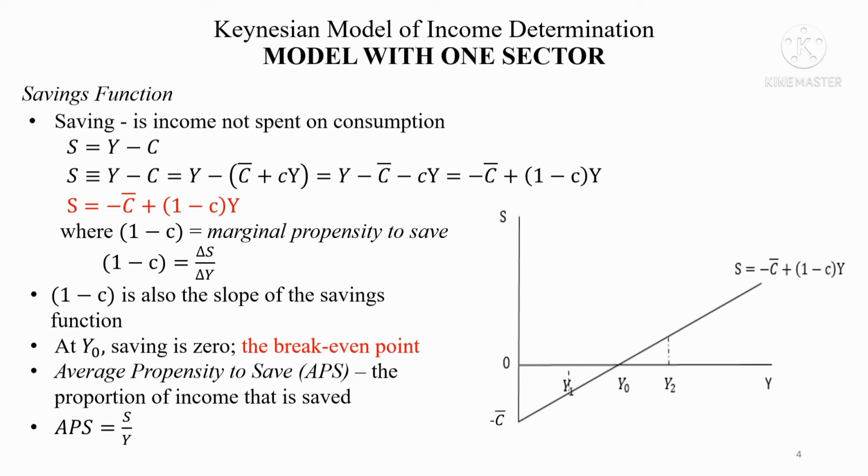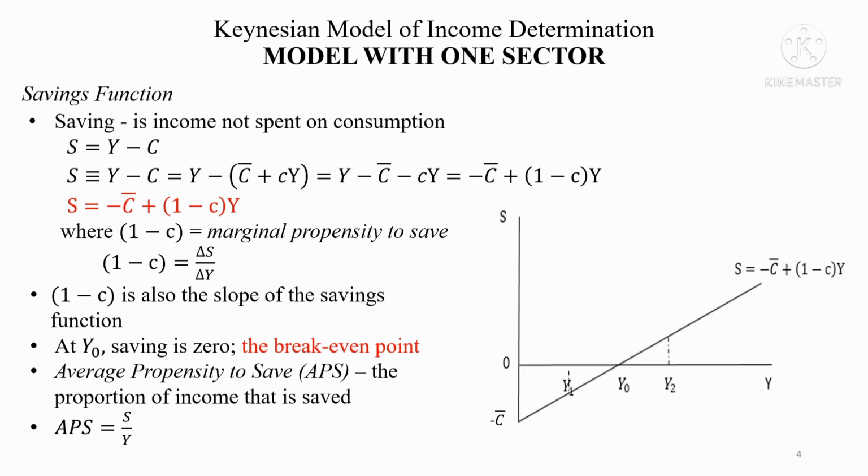If we distribute, it will become Y minus C bar minus c times Y. If we factor out Y here, it is now equal to negative C bar plus the quantity of 1 minus c times Y. So the saving equation finally is equal to negative C bar plus the quantity of 1 minus c times Y, where 1 minus c is called the marginal propensity to save.